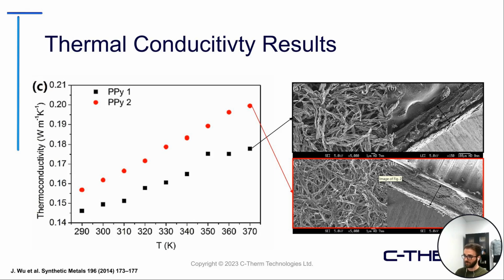The one on the bottom, the PPY2 film, had a structure that was lending itself to a slightly improved heat transfer compared to the prior. So they were relating the overall structural performance to the thermal conductivity results that they were showing.